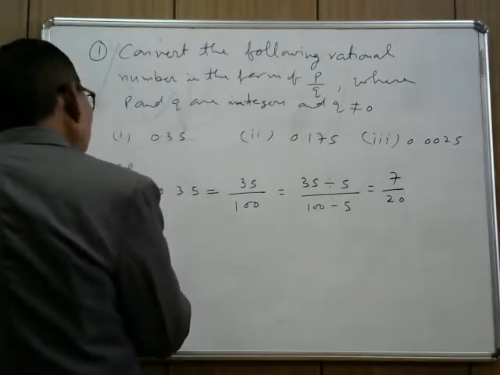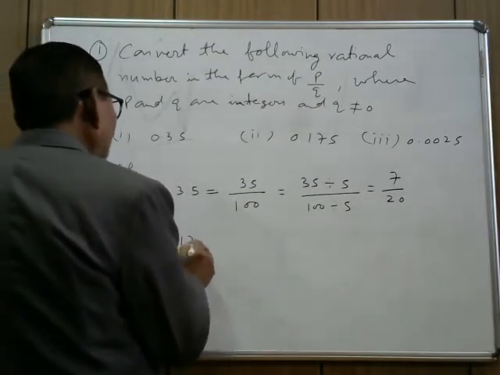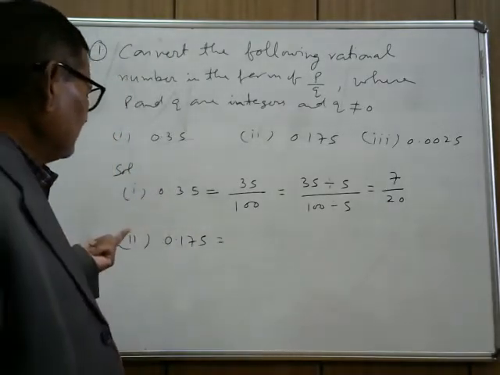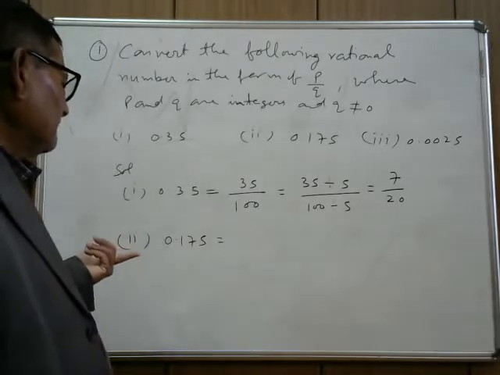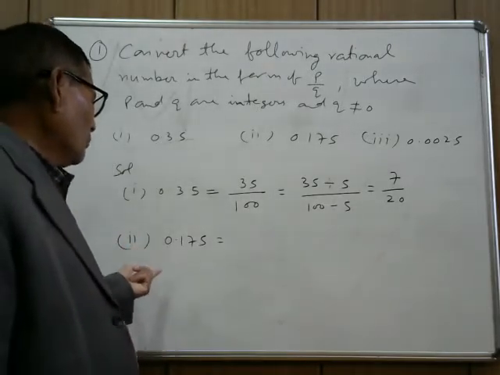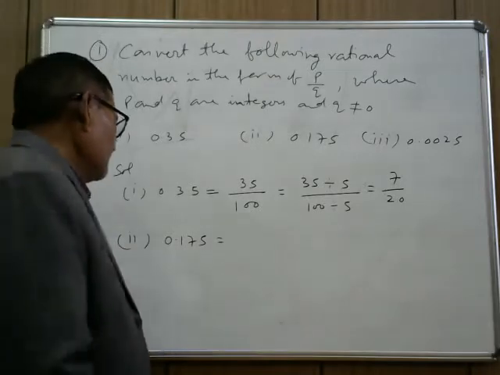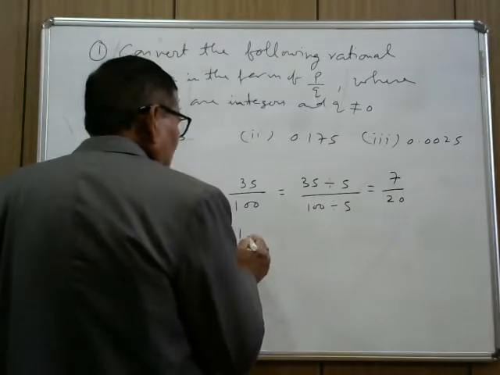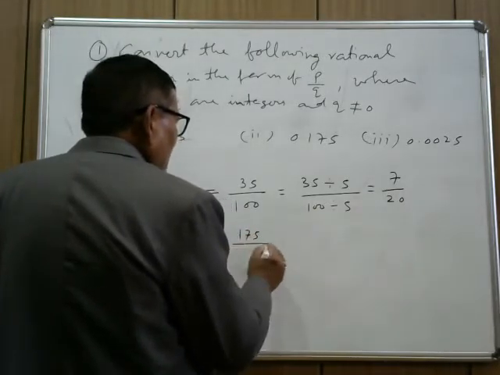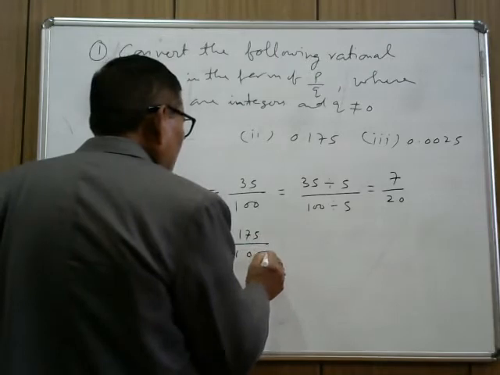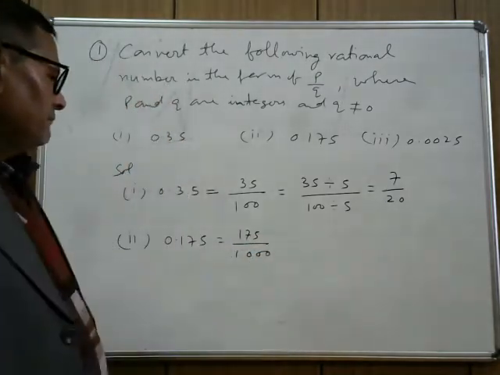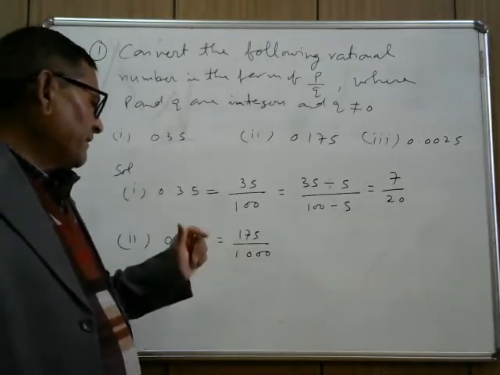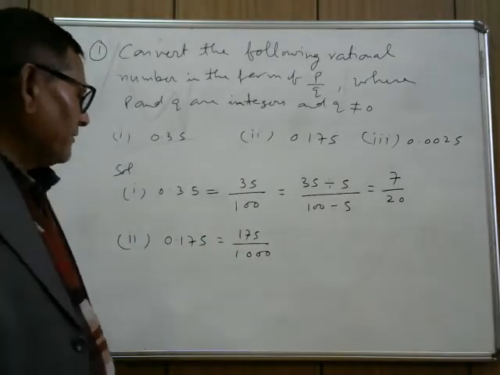Second, 0.175. Again you see, there are 3 decimal digits. And in order to remove the decimal from this, you have to put as many zeros in the denominator as there are decimal digits. 175 upon 1000. And you can see the HCF of 175 and 1000 is 25.